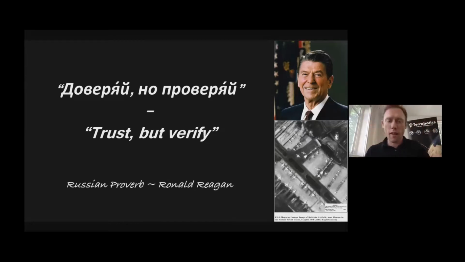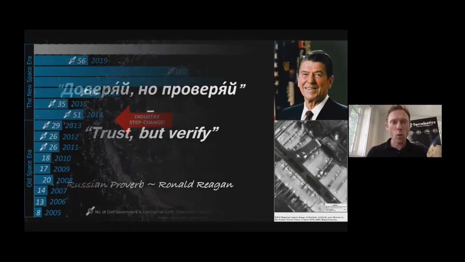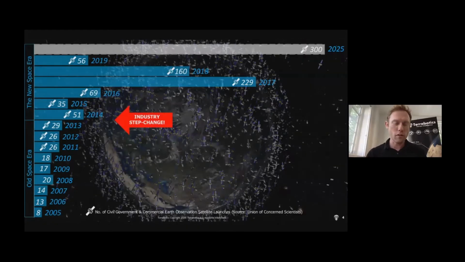So taking that sentiment, fast forwarding 30 odd years to today, what many people don't realize is that we have just undergone a new civilian and commercial space revolution. As you can see from my chart here, from around 2014 onwards, there has been a huge increase in low cost, commercial and civilian grade satellites being launched into space, hundreds in fact. Earth observing satellites and sensing satellites.